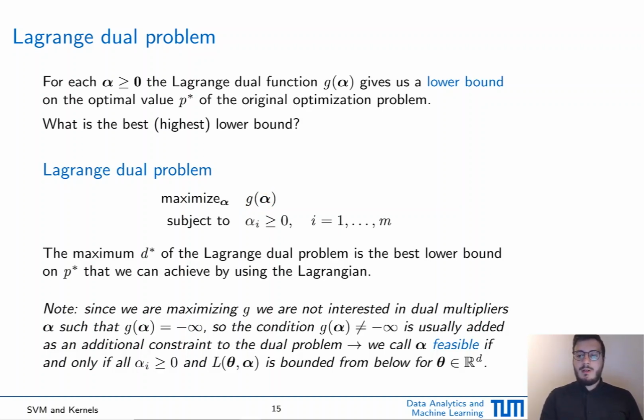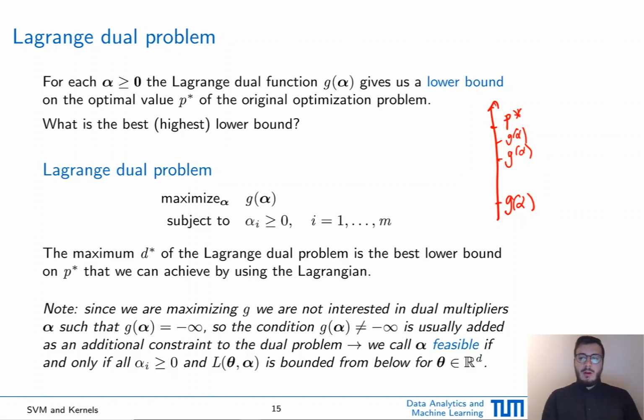Again, if you think about the number line, and here is p star, maybe g of some alpha is here, maybe for a different alpha we get g of alpha here, maybe for a different alpha we get g of alpha here, and simply out of all of these we choose the one which is the highest, which is the closest to this p star.